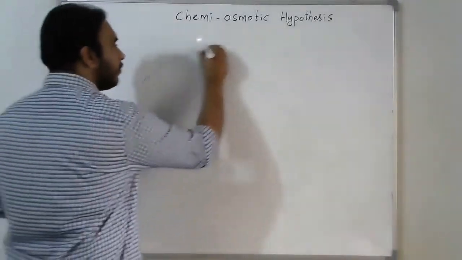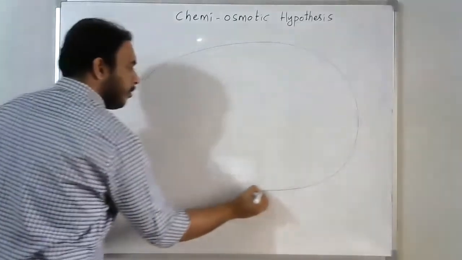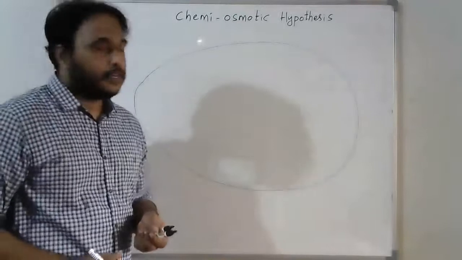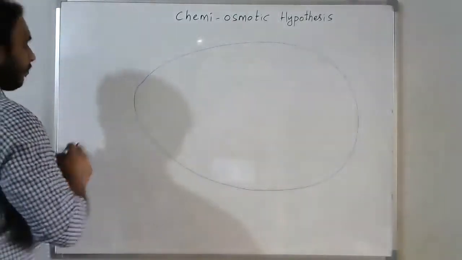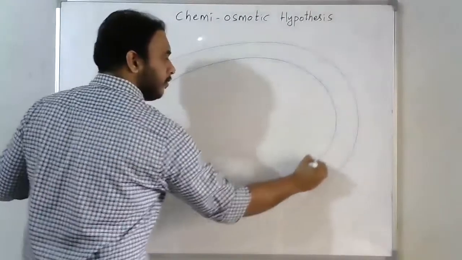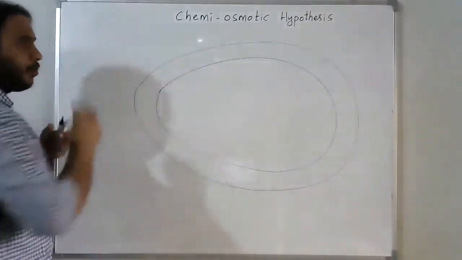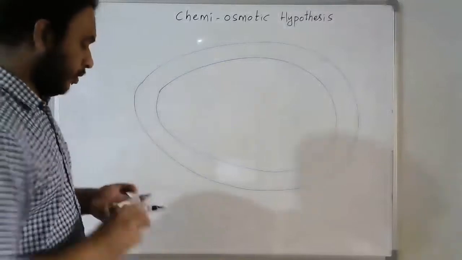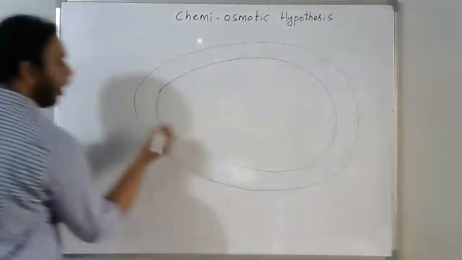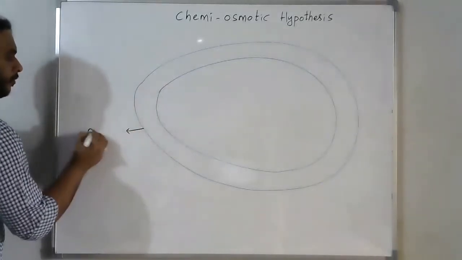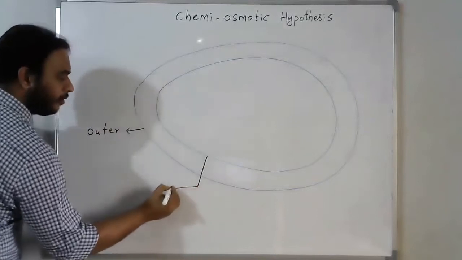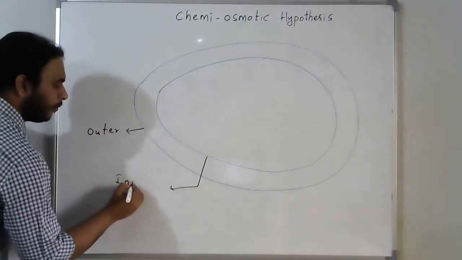So here comes a lumen of thylakoid. There are two membranes. One is the outer membrane, and the other one is the inner membrane.